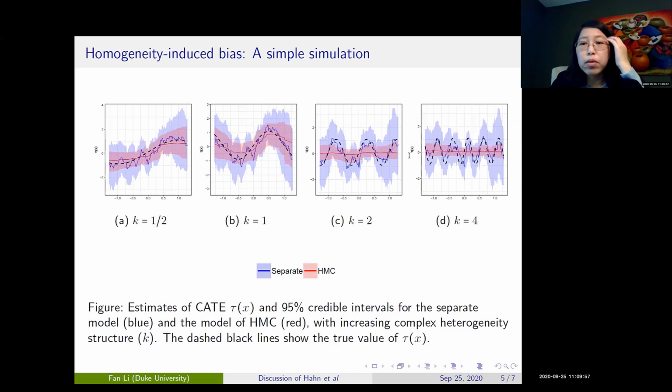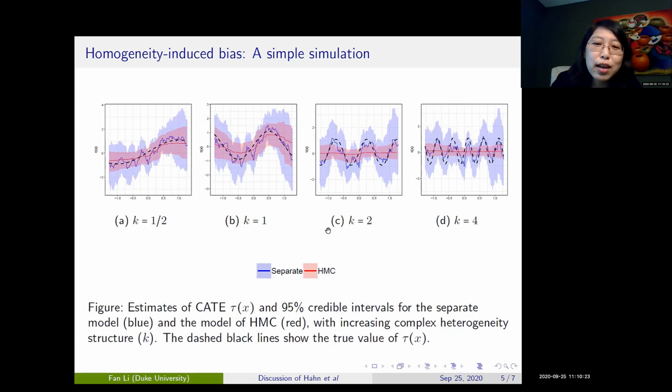I think in some sense we also see that from Arman's example. As the underlying truth becomes more wiggly, the BCF prior still gives you very low variance, but the bias gets very big. So it's very precisely wrong, to use Arman's terminology.